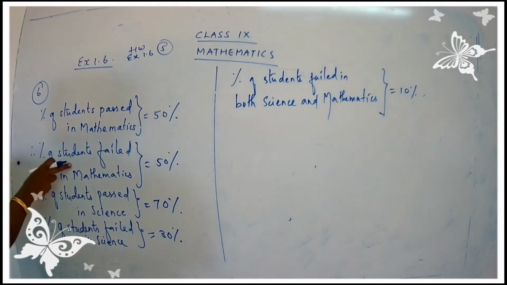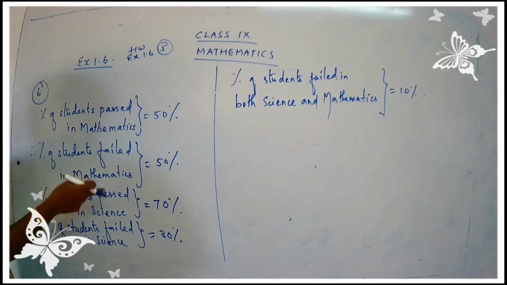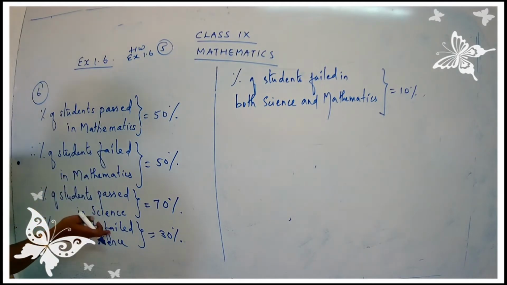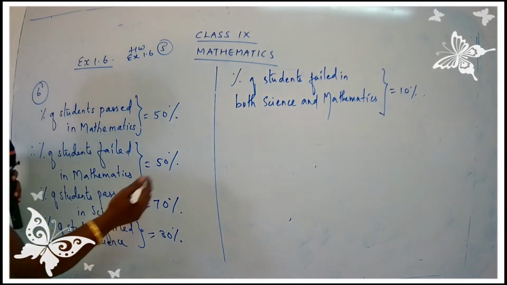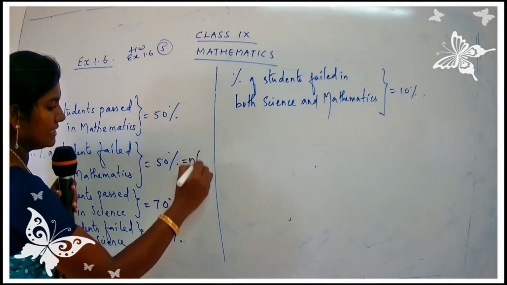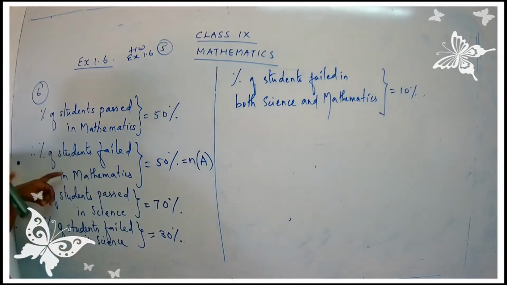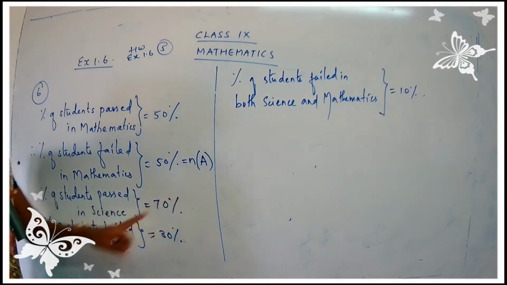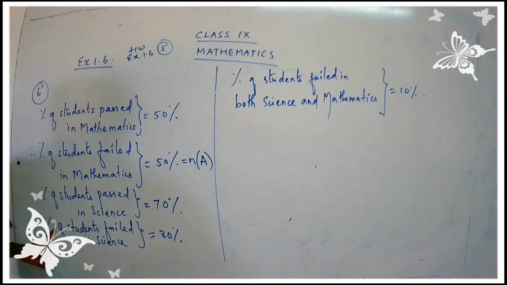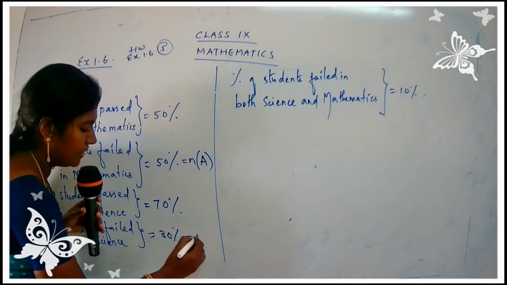So I am going to focus on the failed part for mathematics, and also the failed part for science. So you have to write down here as N of A. Take down the percentage of students failed in mathematics as N of A, and write down the percentage of students failed in science as N of B.